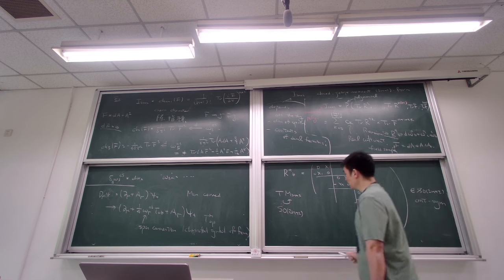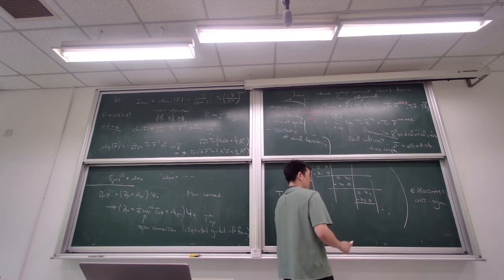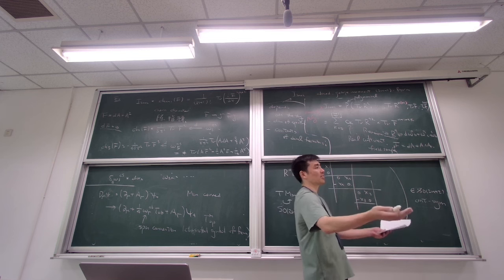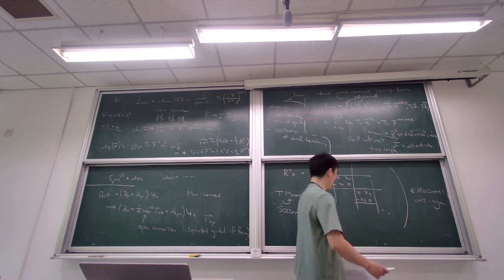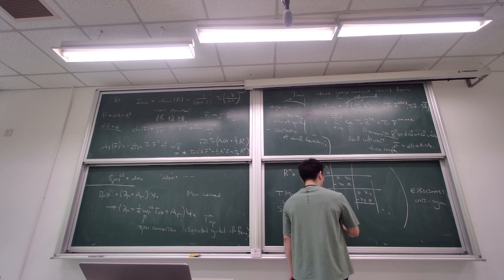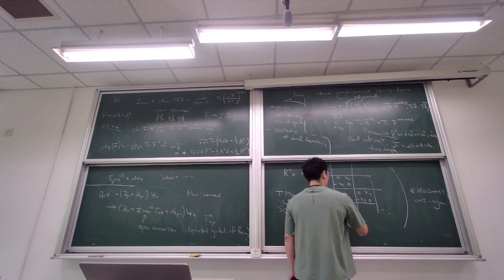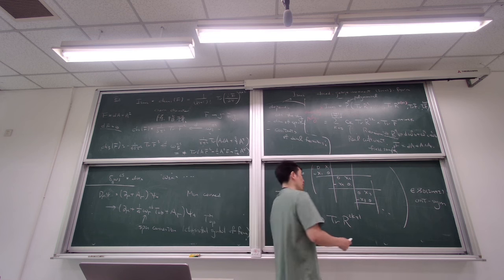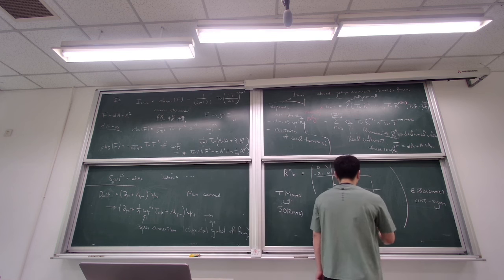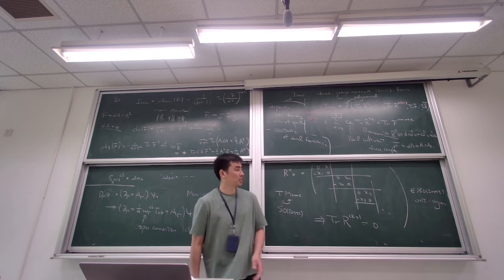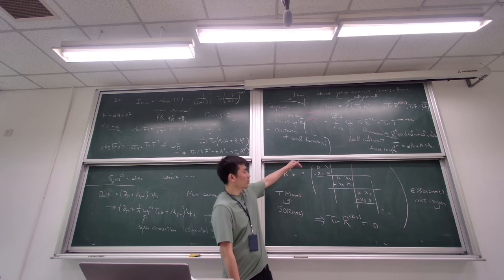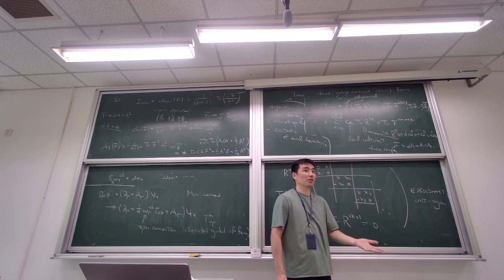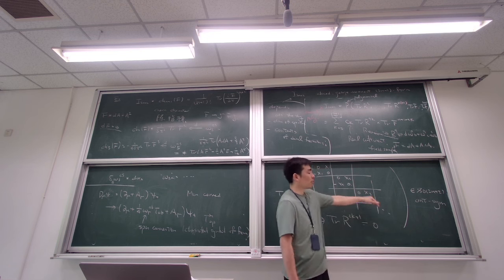So this means that if you take an antisymmetric matrix and multiply it an odd number of times, trace of R to the 2k plus 1, it's still antisymmetric. And if you take a trace, it should be 0, because only the diagonal part contributes, and it is 0.